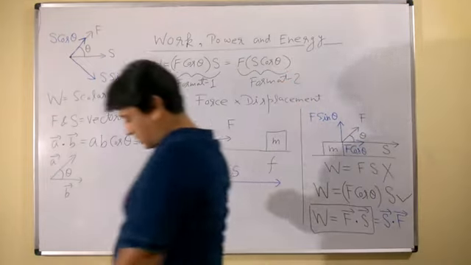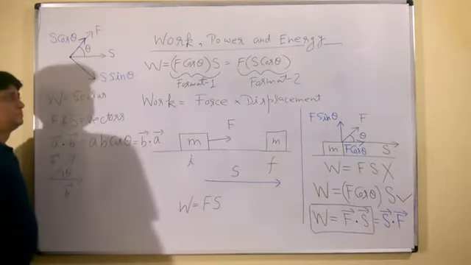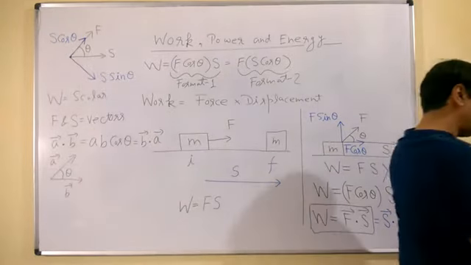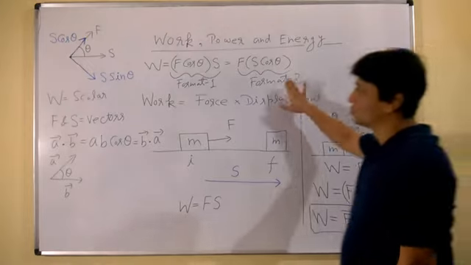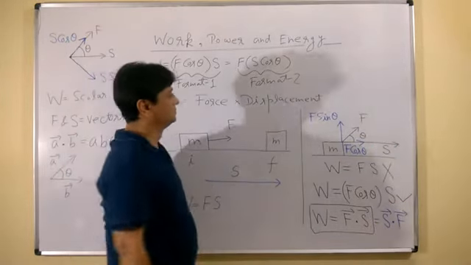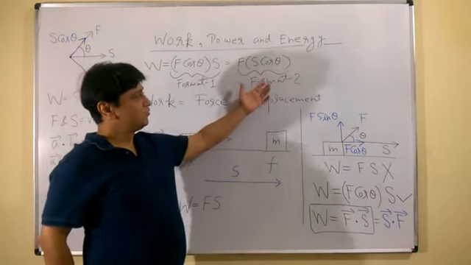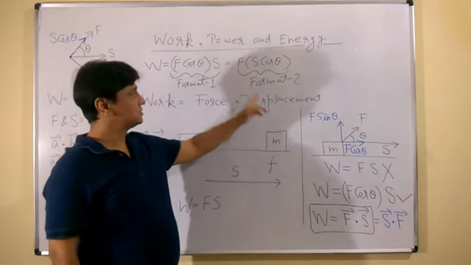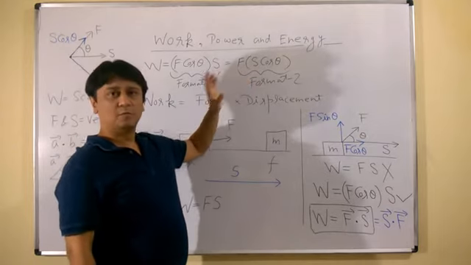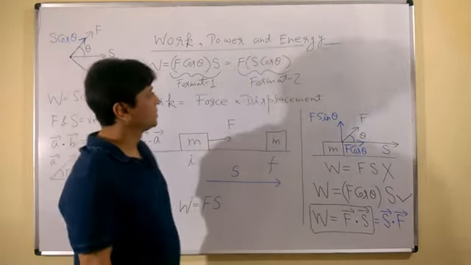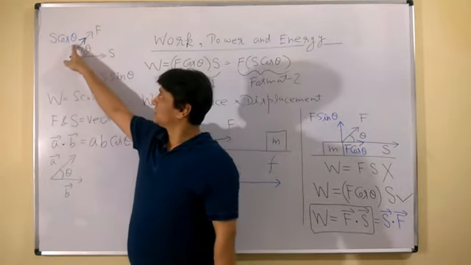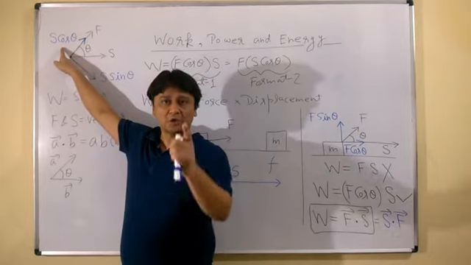Whereas in format 2, work is force multiplied by displacement in the direction of force.